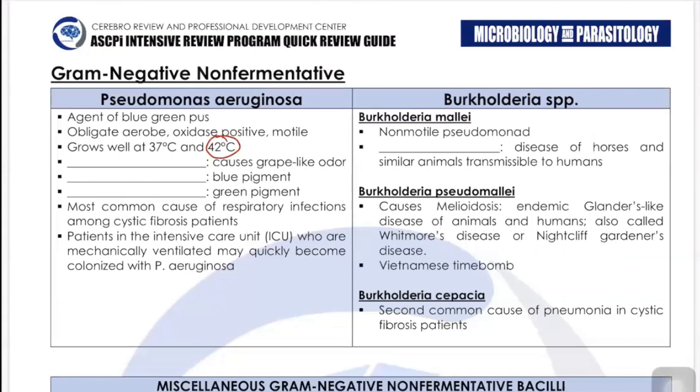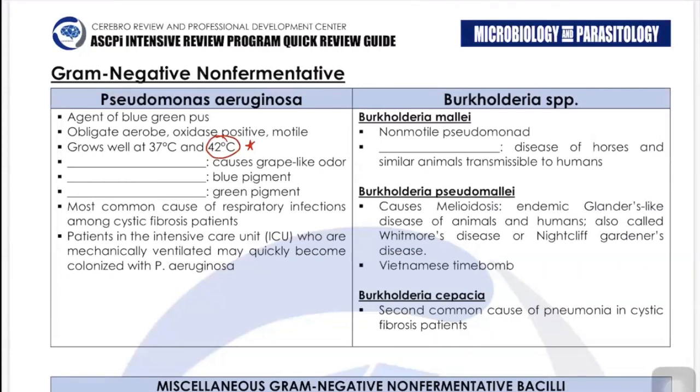Okay? This is a recall question, its growth at 42 degrees Celsius is a way to differentiate Pseudomonas aeruginosa from other pigment producing Pseudomonas species.